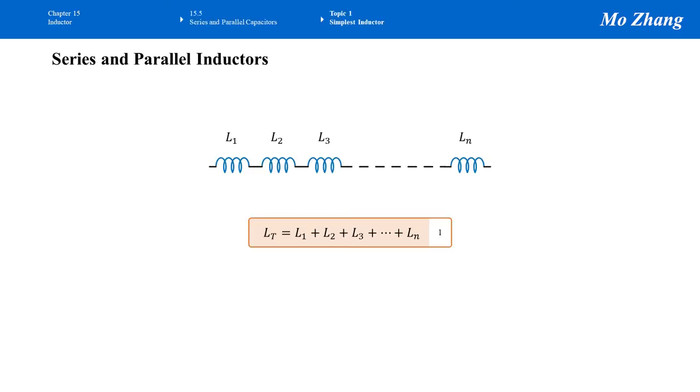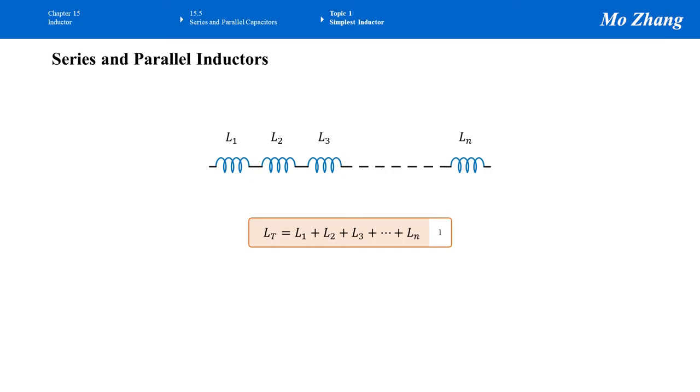Here we have n inductors connected in series. They are inductor 1 called L1, the second inductor L2, inductor L3, connect to the last one, the Ln, the nth inductor.